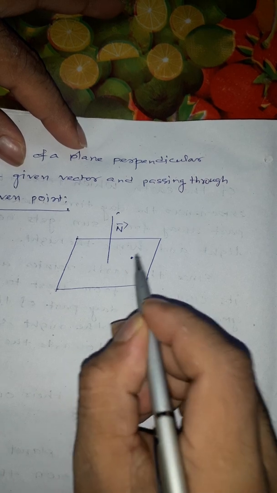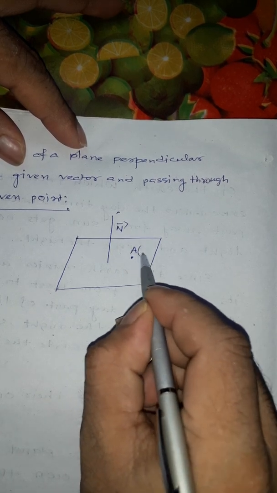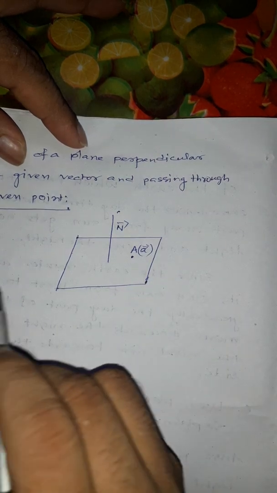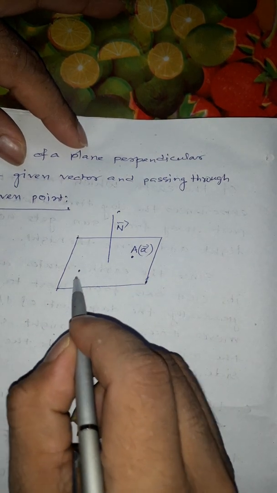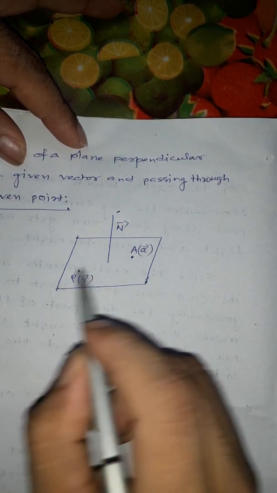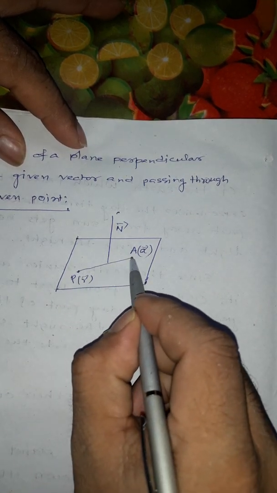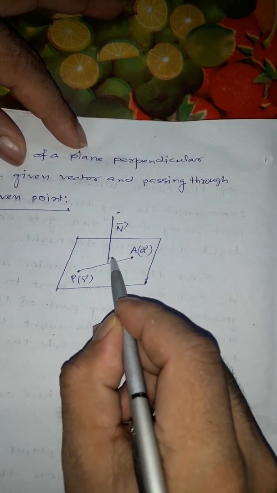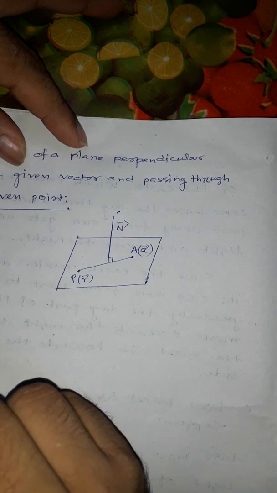The plane passes through this point A, suppose. The position vector of the point A is vector a. If we take any point P on the plane whose position vector is r, now if you join A and P, then this normal vector will be perpendicular to AP.